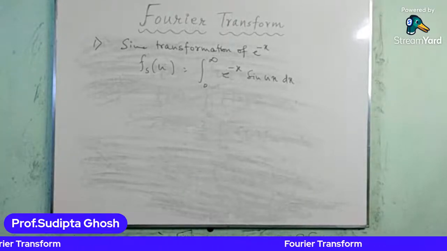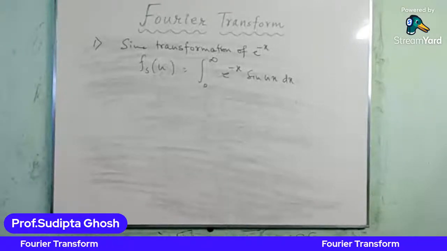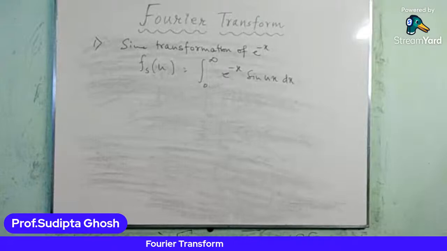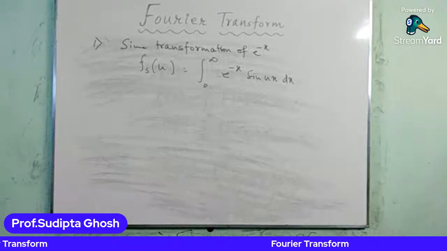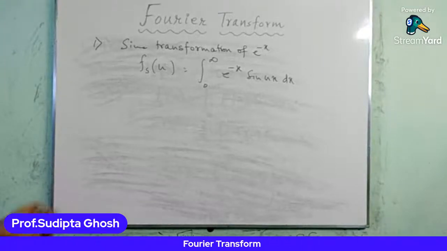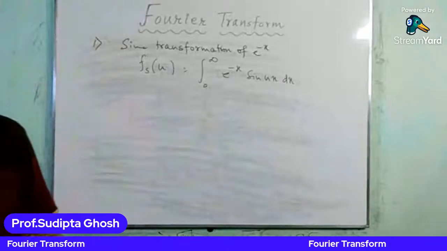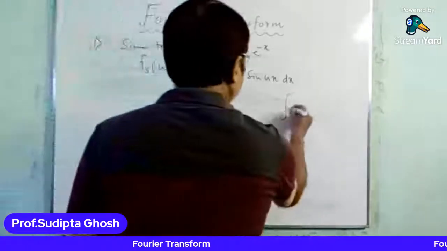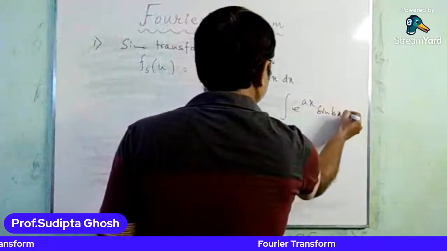So I have taken the range of x from 0 to infinity, and for the infinite Fourier sine transformation definition, we have Fs(n) equals integral 0 to infinity e to the power minus x sine nx dx, and for this integral you can use the standard form of integration, that is e to the power ax sine bx dx.